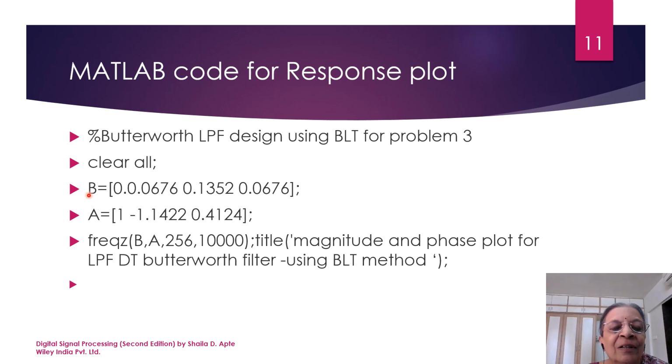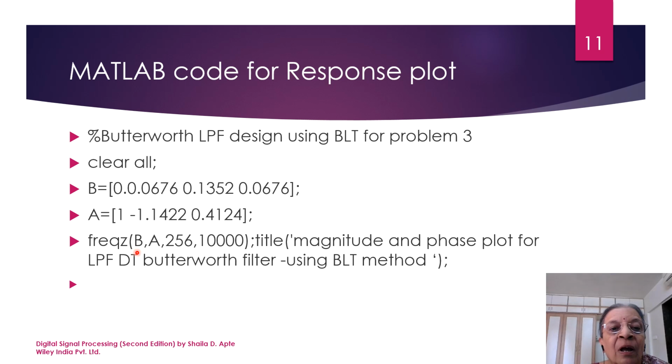Then B is the numerator polynomial coefficients: 0.0676, 0.1352, 0.0676, and A is 1, minus 1.1422, 0.4124. So we are writing the numerator and denominator coefficients in this particular case.